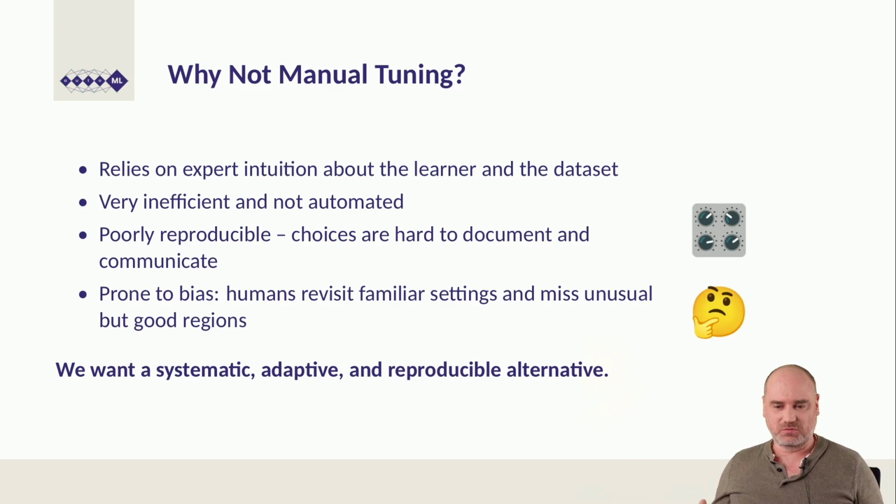Humans sometimes have a lot of internal knowledge, but usually this also is prone to a certain bias: certain familiar settings you have tried out, things you are more familiar with due to, I don't know, education, and you might miss interesting regions in the search space, in the configuration space. And for all of these reasons, we, or at least I as part of the AutoML community, like systematic, adaptive, and reproducible alternatives for this.